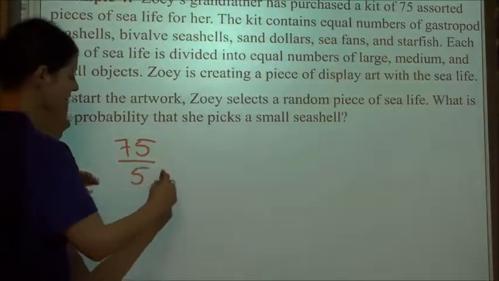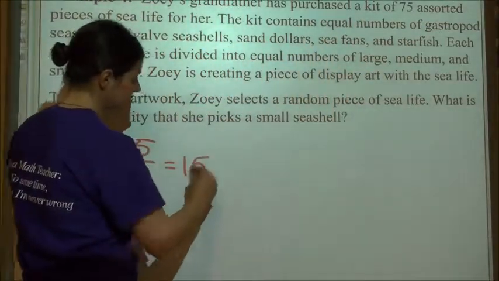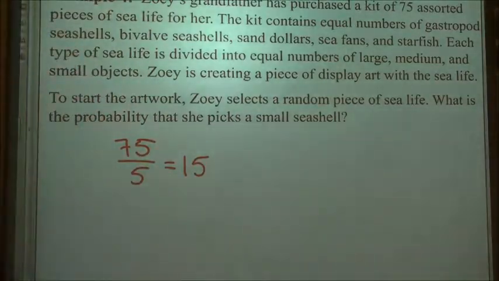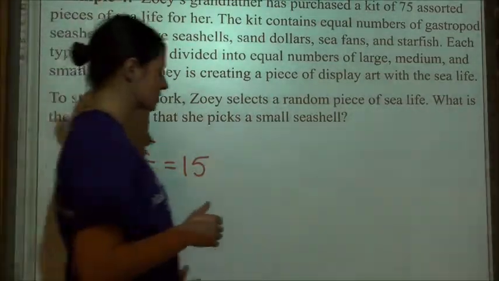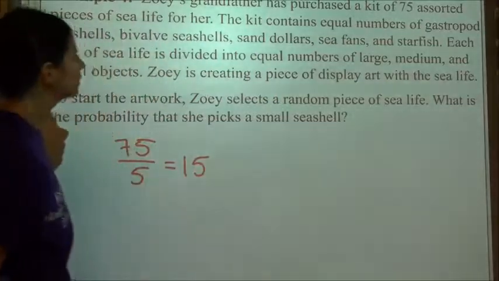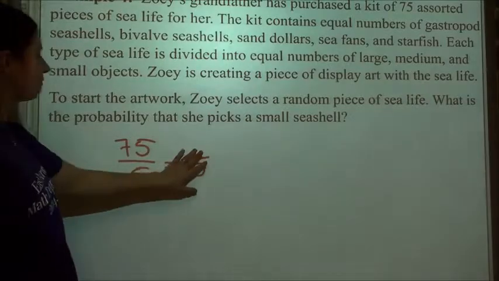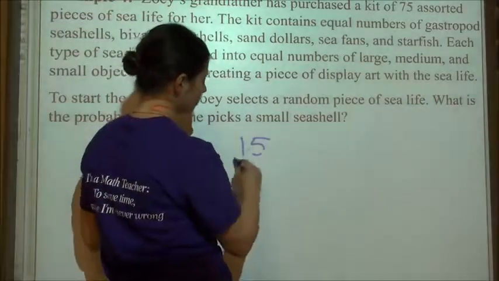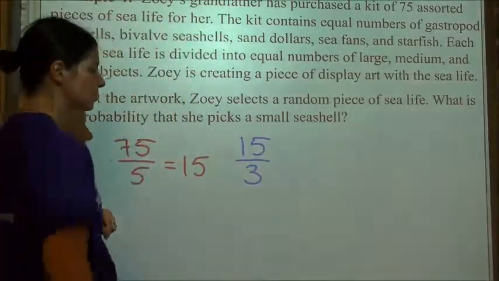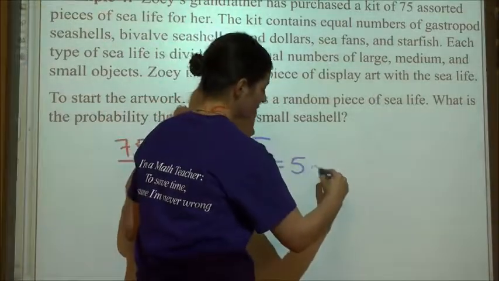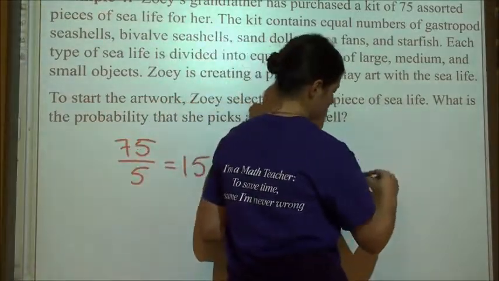So when I take 75 and divide it by 5, I get 15. So there are 15 of each of those. Each of those sea life are divided into equal numbers of large, medium, and small objects. So I've got 15 for each one, and of each of them, they're in 3 groups. So there's 5 of each type.